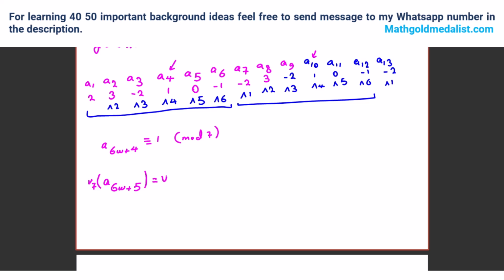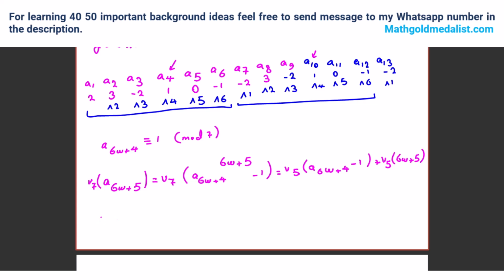So v7 of this is what? v7 of a to the 6w plus 4, the 6w plus 5 minus 1. And because it is 1, we can apply LTE. It will be v7 of a to the 6w plus 4 minus 1 plus v7 of 6w plus 5.